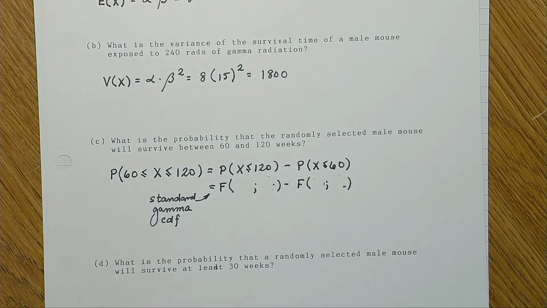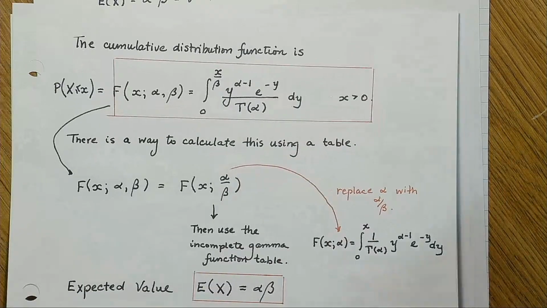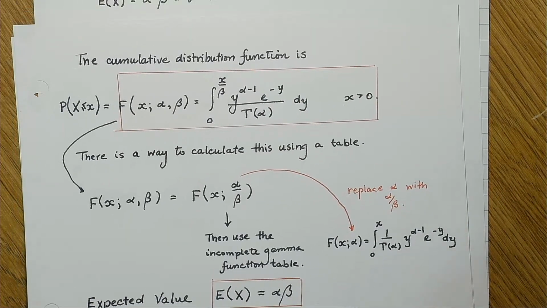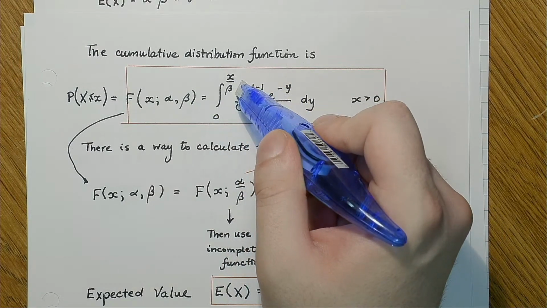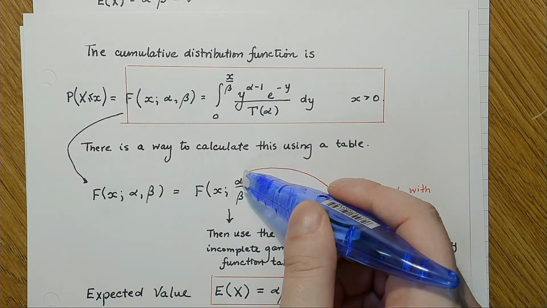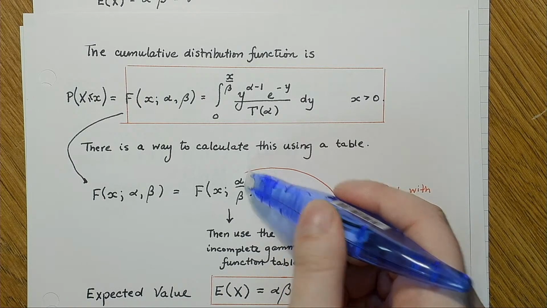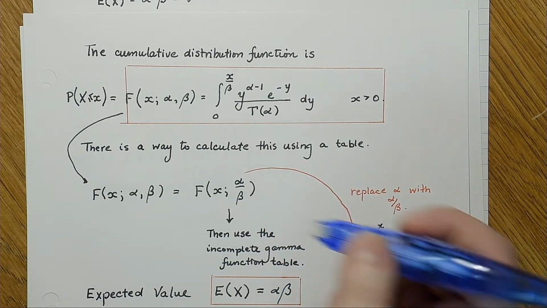I made a small error, because what I wanted to do was from 0 to x over beta, and instead what I had written was alpha over beta, and that's not the correct way.